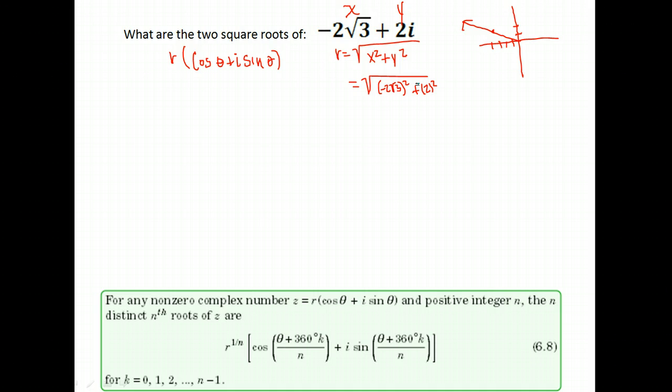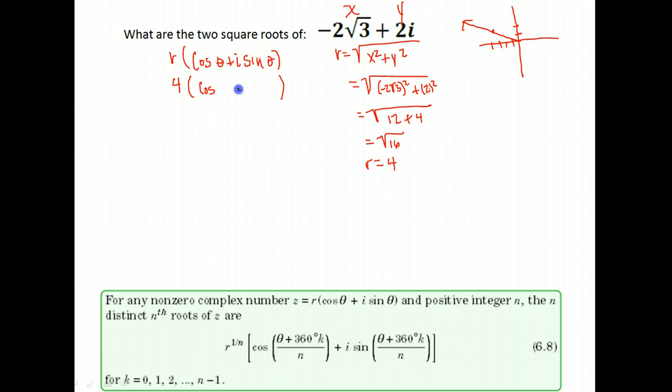Now if you take 2 times the square root of 3 and you square it, you get 12. So we have the square root of 12 plus 2 squared is 4. 12 plus 4 is 16, and the square root of 16 is 4. So our r for our trig form is 4. We still need to find our theta.